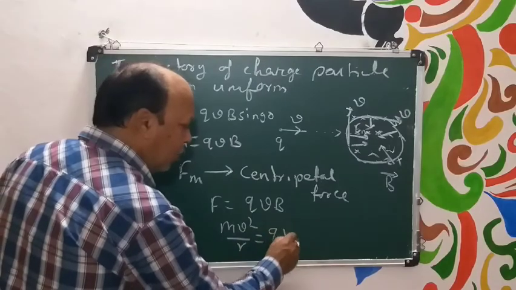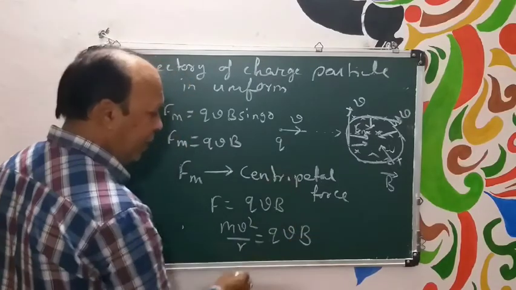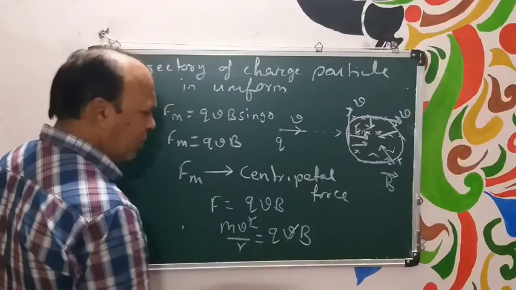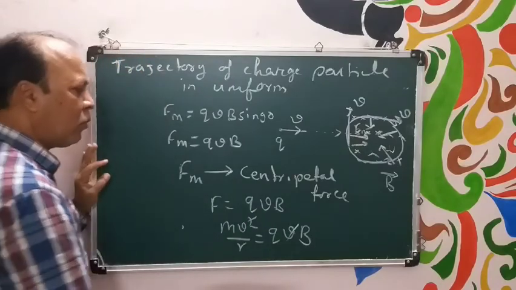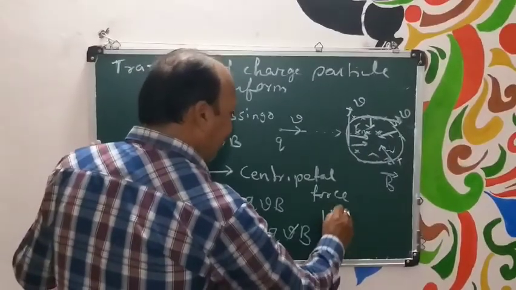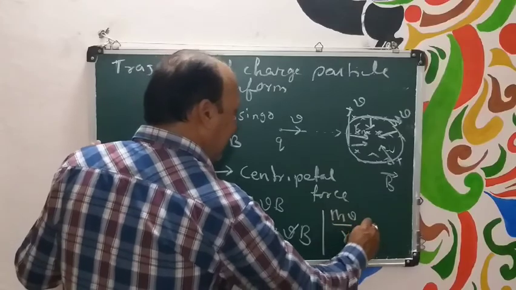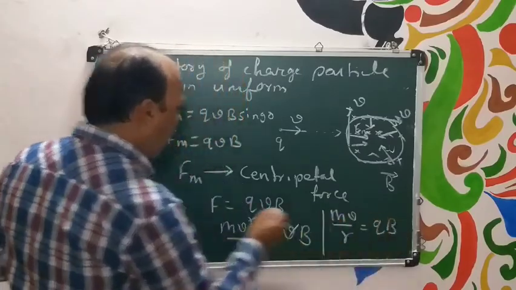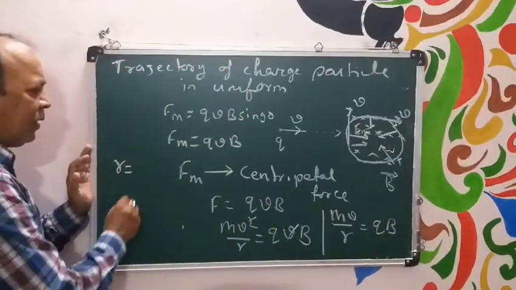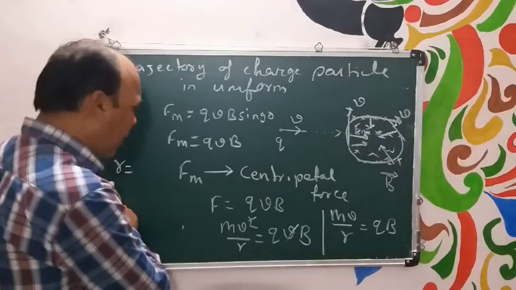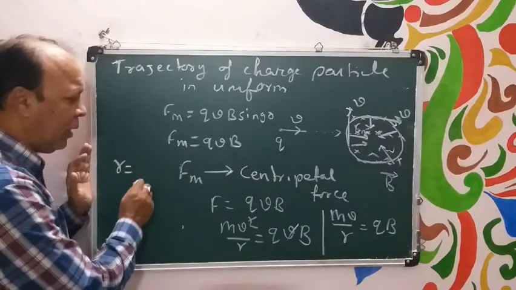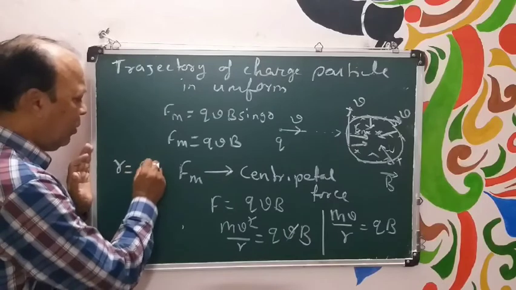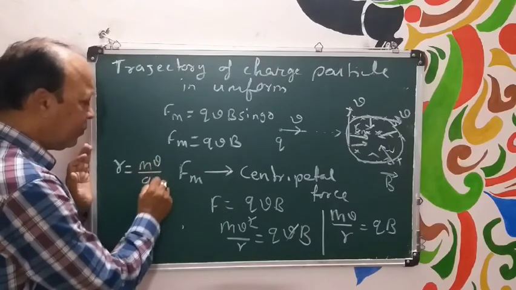This should be equal to QVB. V and B square cancel. So what you will get? You will get mv upon r equal to qB, or r is equal to, this is the radius of this circular path. r should be equal to how much? It should be equal to mv upon qB.